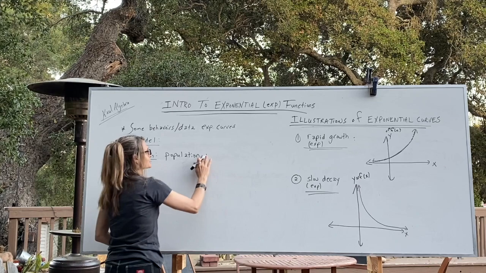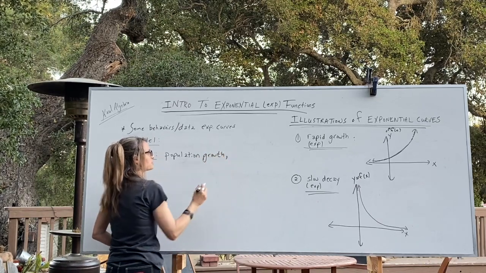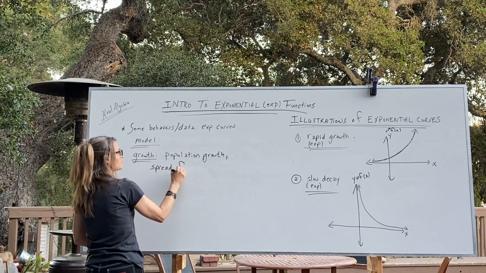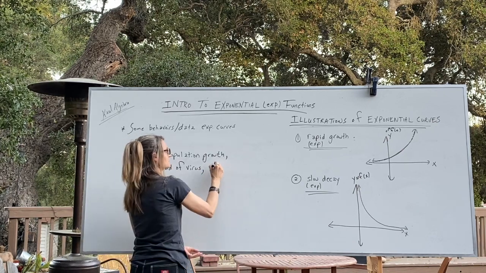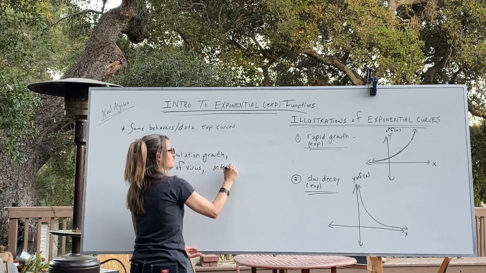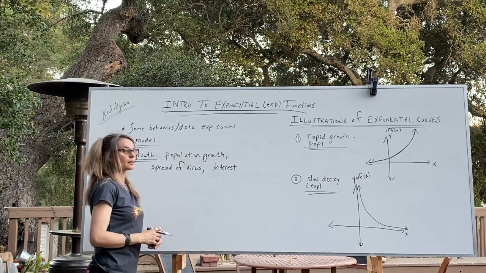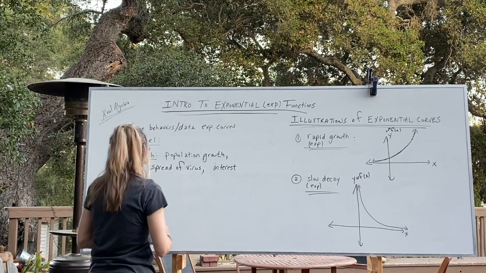So we have population growth. As mentioned before, we have the spread of a virus. We have interest on certain accounts. It could grow exponentially depending upon how it's set up, how it's compounded. Interest growth.